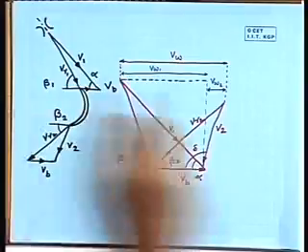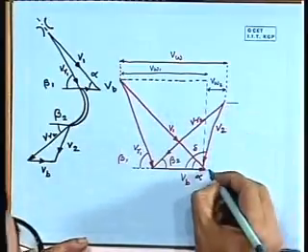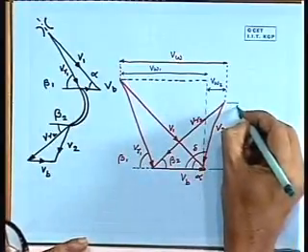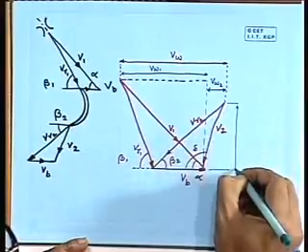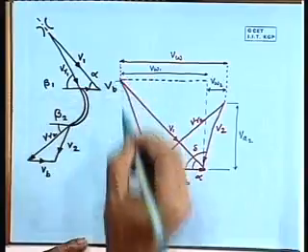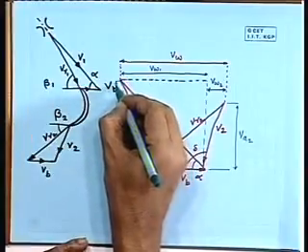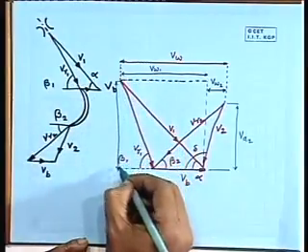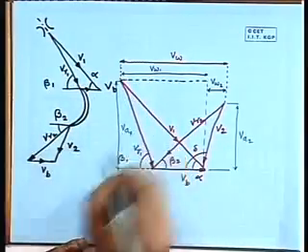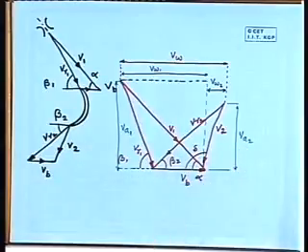And similarly, I can have VA2 and VA1. VA, in general, is the axial velocity or axial component of velocity.